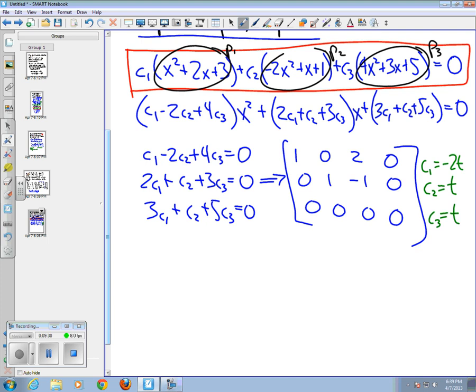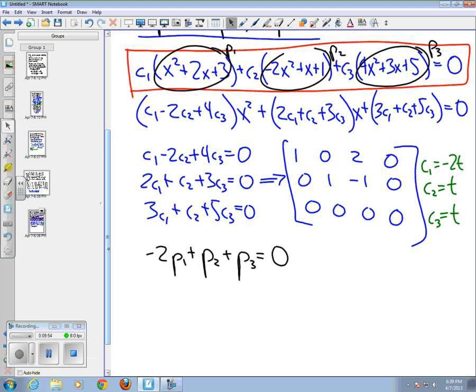So what we have is if t was 1, we'd have negative 2P1 plus P2 plus P3 equals 0. And so that shows the linear dependence.